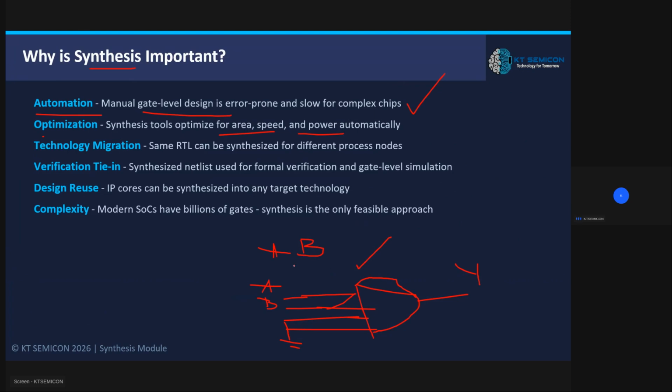To take care of all these concerns, the synthesis process does the complete optimization for area, speed and power automatically. The same RTL can be synthesized for different process nodes.